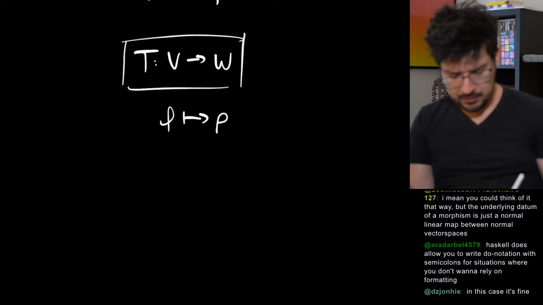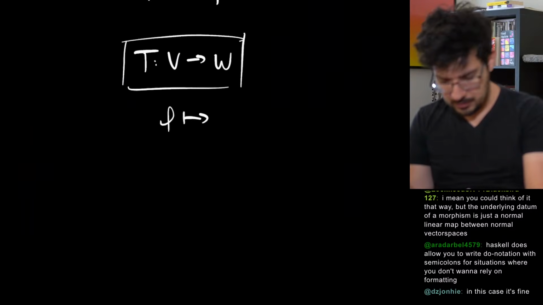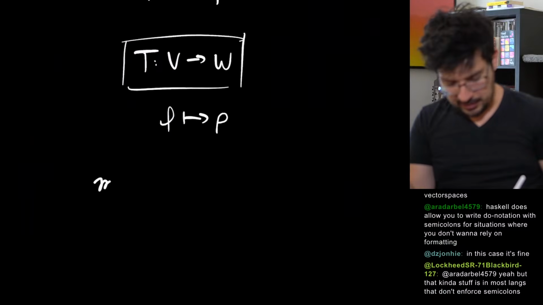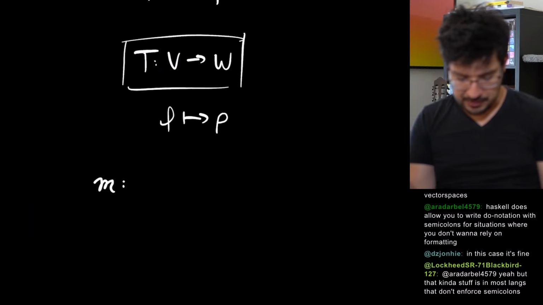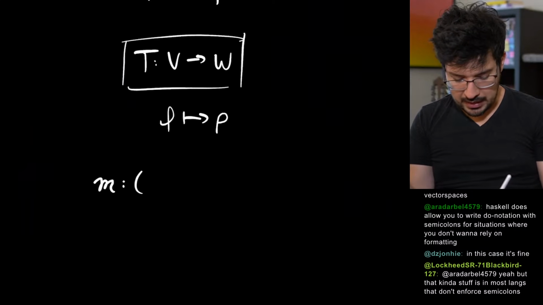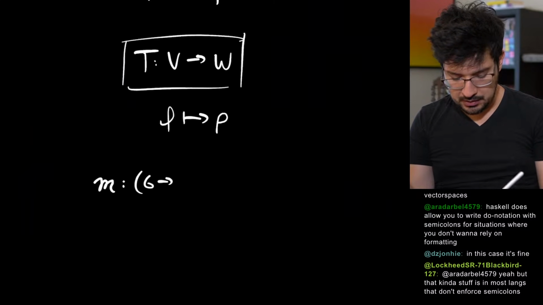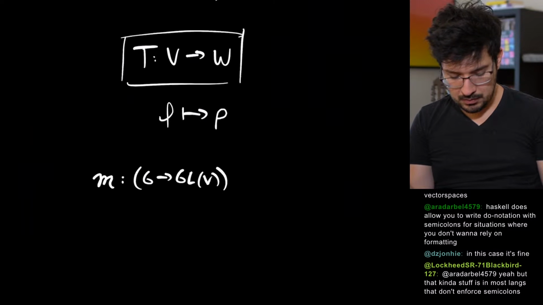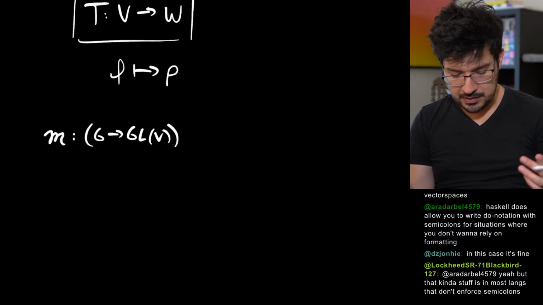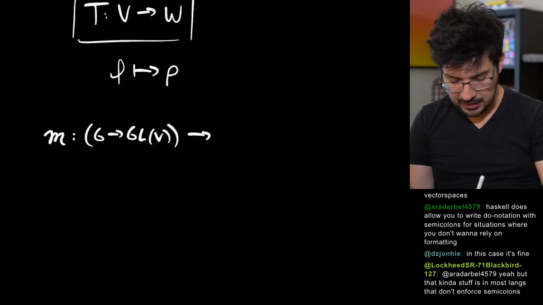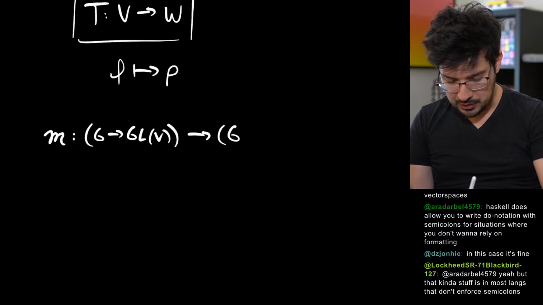Okay, so if it were me and I was making up stuff, a morphism, we're going to give it like a fancy M or something. A morphism is a higher order function which takes a function from a group into a vector space V and returns another function, right?